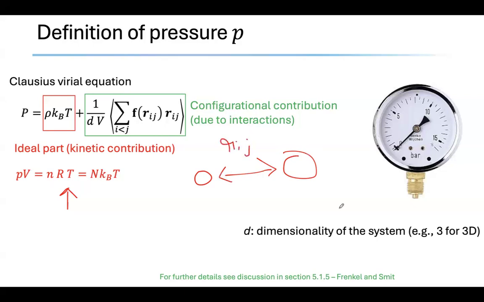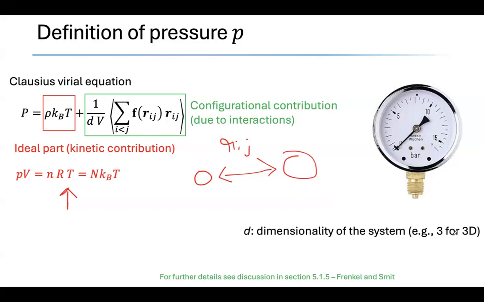So what it's telling you is that the idea of pressure at the molecular scale comes not just from the velocities, but also due to the positions between the molecules.